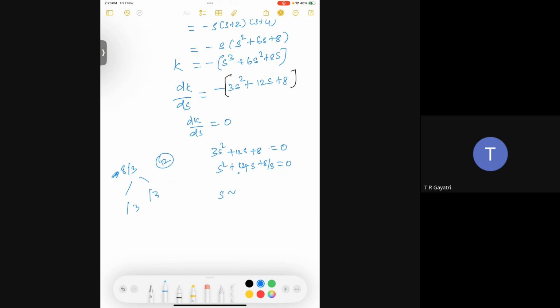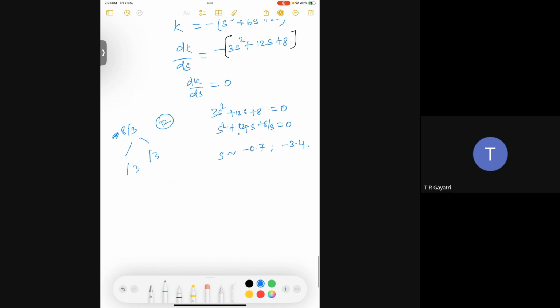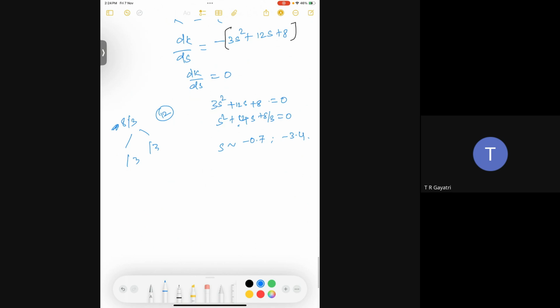This is equal to minus 0.7 minus 3.4. Anybody getting this? Similar to this, right? Some minus 0.8, 0.85 you're getting. This is 3.4 only, 3.15. Okay, I'm just putting 3.2.